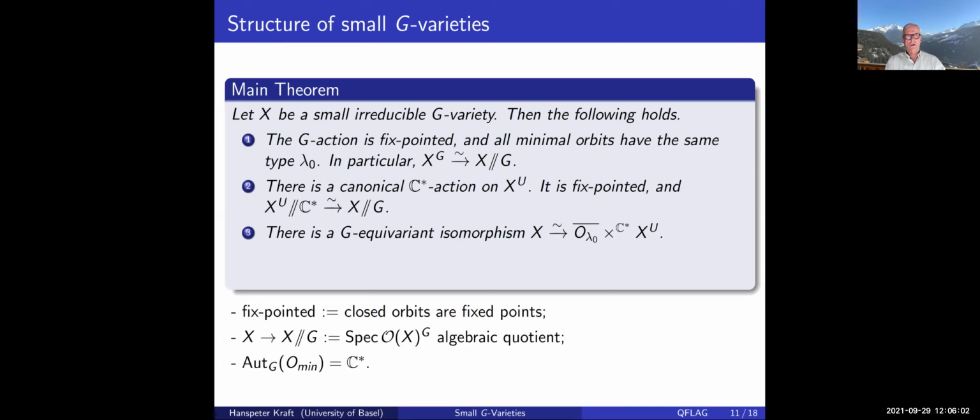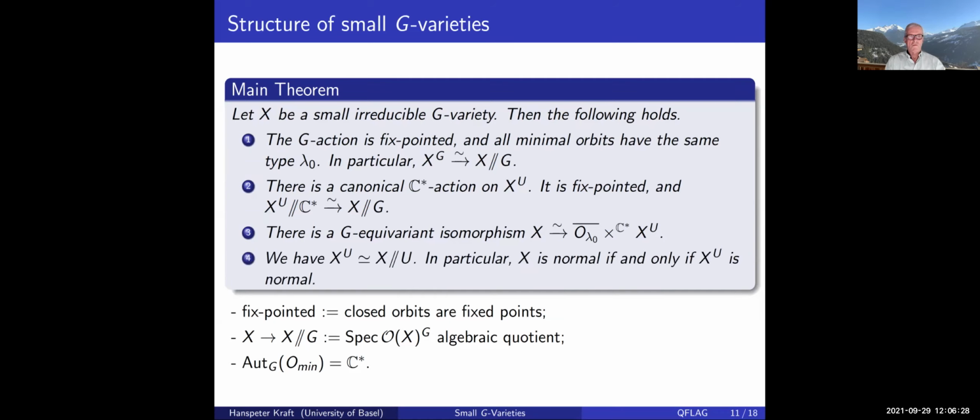Remember, O lambda naught was the type. So O lambda naught bar is a normal variety, the closure of this minimal orbit. And it's a C star variety. And we have a canonical action C star on XU. And this is the reconstruction theorem. So XU completely determines X.